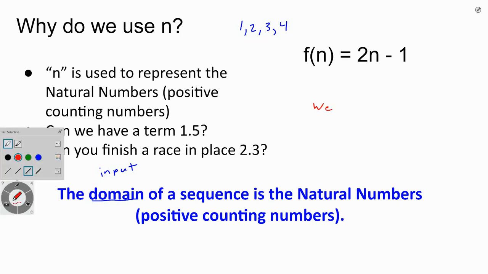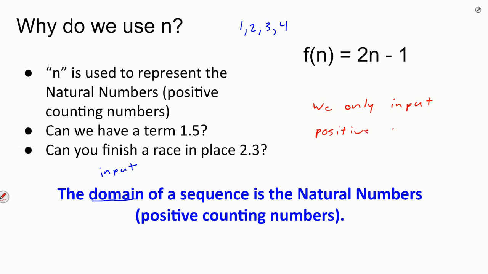So we only input positive counting numbers, because otherwise it wouldn't make sense. We'll get to examples with decimals later, but not in sequences. Sequences are strictly positive counting numbers. We're only going to plug in 1, 2, 3, 4. Otherwise, the whole thing doesn't make sense.